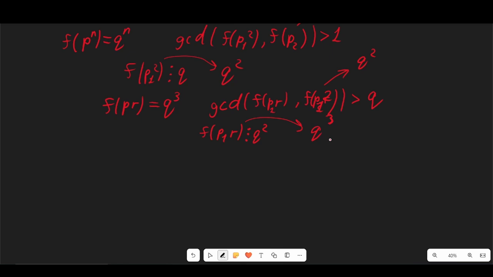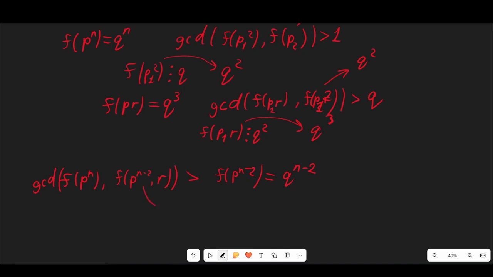And now by induction, if we substitute the GCD of f of p to the n and f of p to the n minus 2 times some r, this must be greater than f of p to the n minus 2, which is q to the n minus 2.